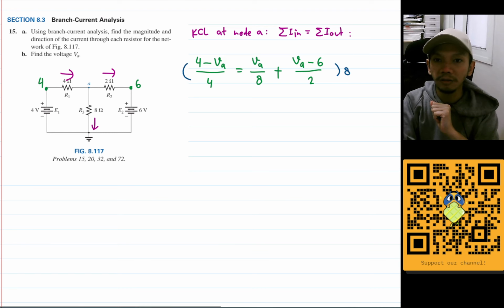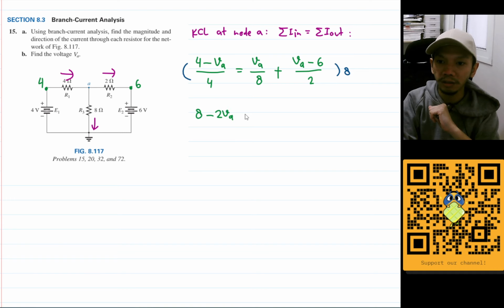On the left hand side, 4 and 8 will cancel into 2, so I will have 8 minus 2 VA. And that will equal VA plus, this one will cancel into 4, so I have 4 VA minus, this one will be 24. Let's do some simplification here.